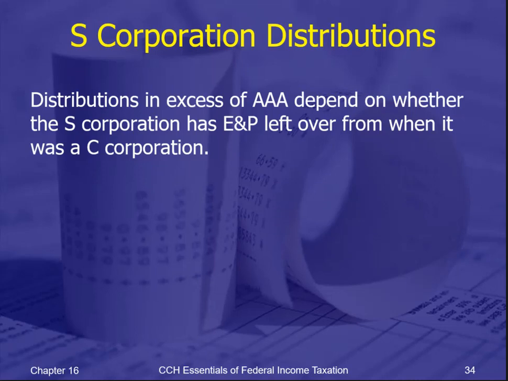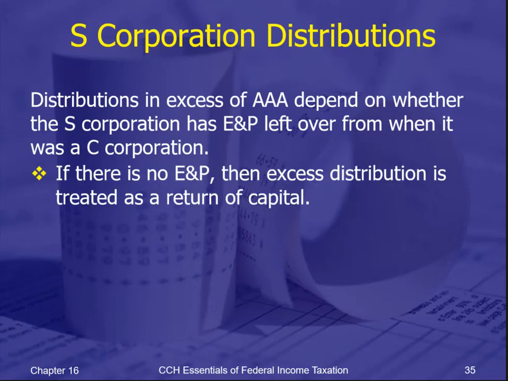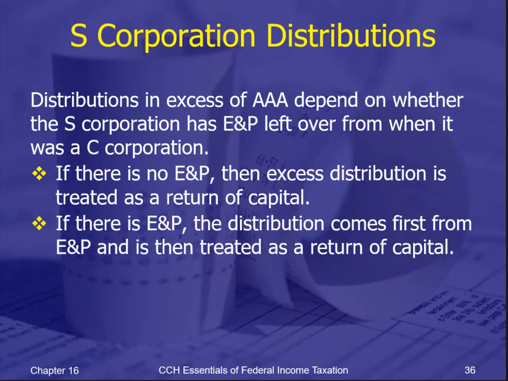Distributions in excess of AAA depends on if it was a C corporation before. Most S corporations were never C corporations today. But if they were and changed to an S corporation, then if there's any retained earnings left over from when it was a C corporation, then that extra distribution comes out as an amount from that E&P, that return of capital.